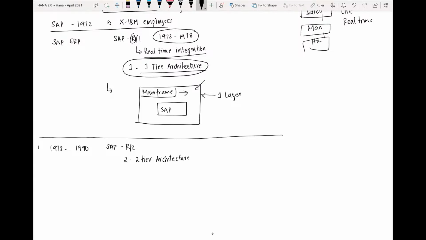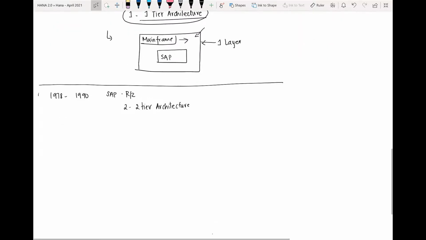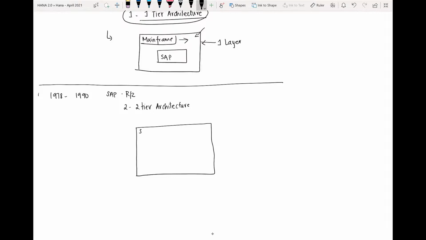So what were the 2 layers supporting this? We got rid of the mainframe and went into a server-based system. Now one of the layers was a separate layer for storing your database.